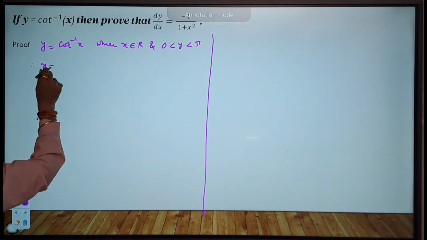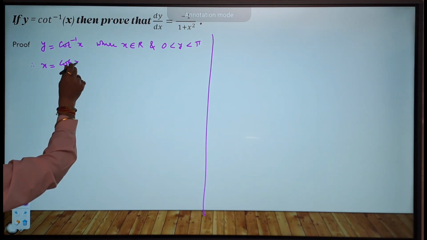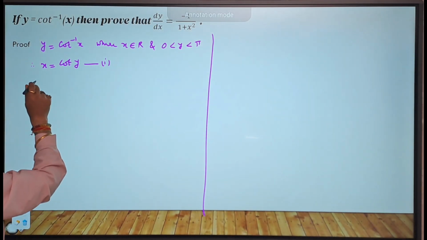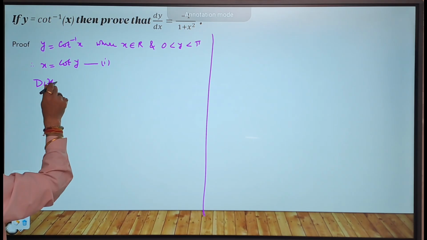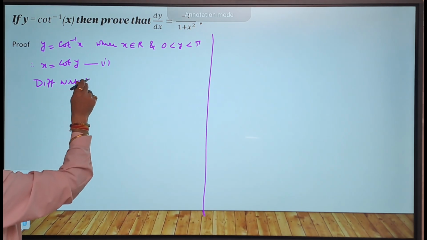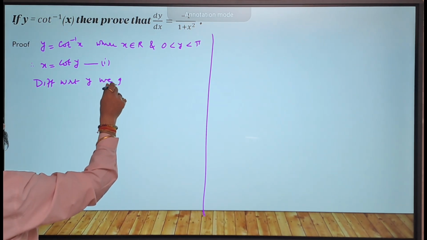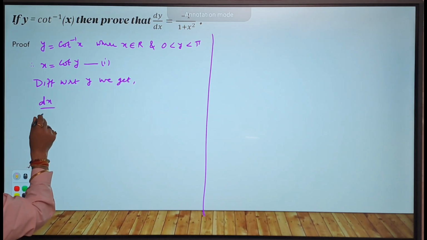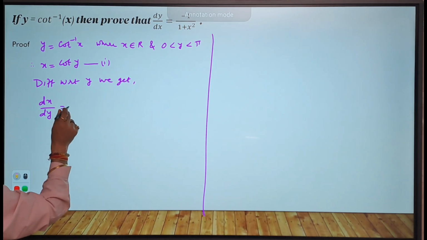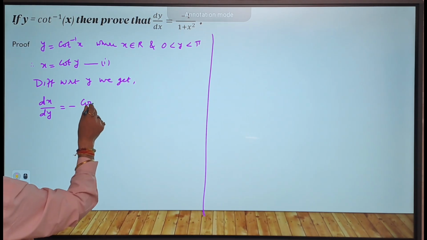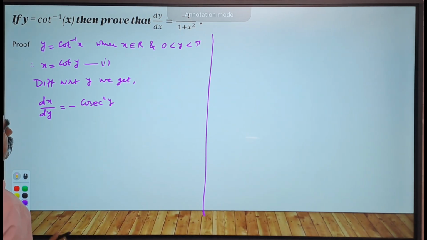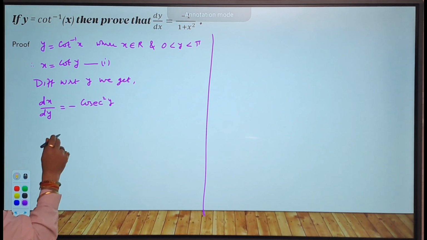So x is cot y. Differentiating with respect to y, we get derivative of x with respect to y is minus cosec square y.